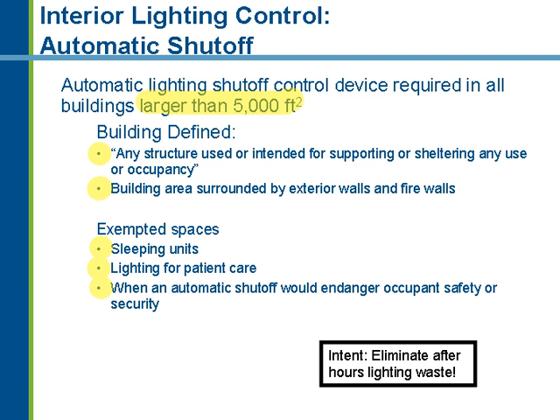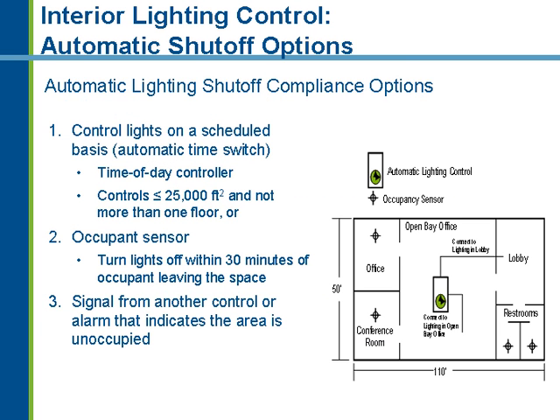So those would not be required to comply here either. And again, the intent of this automatic shut-off control is simply to eliminate waste light when people aren't in the space, typically after hours.